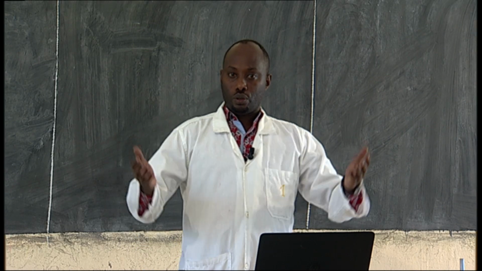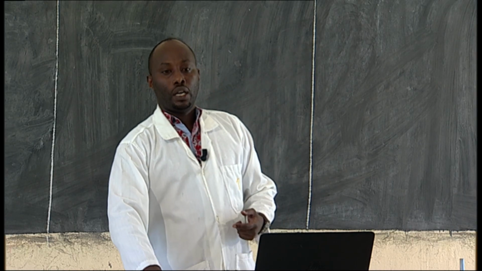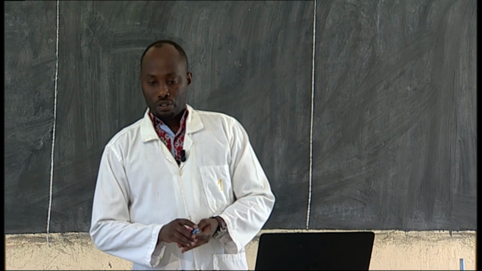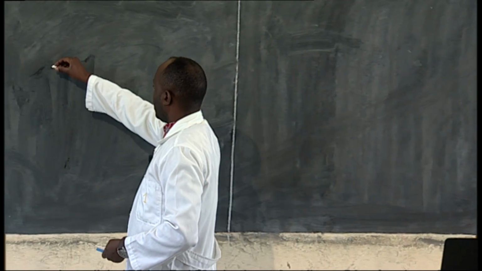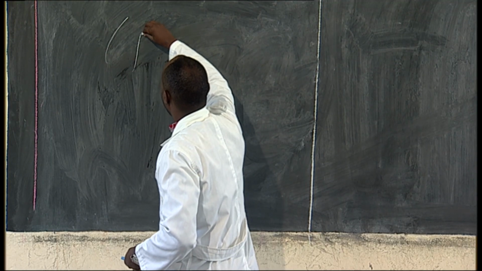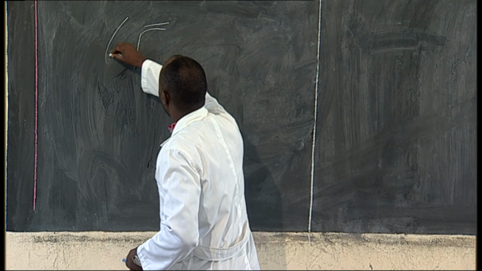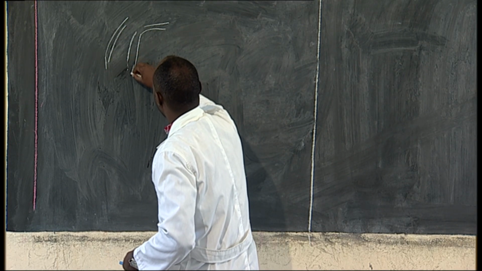As we are reminding ourselves of the previous lesson, we talked about arteries, capillaries, and veins. If you remember properly how we've been drawing, let me try to draw the diagram. We drew the diagram of arteries, capillaries, and veins.